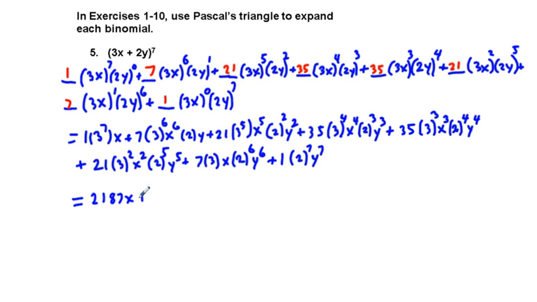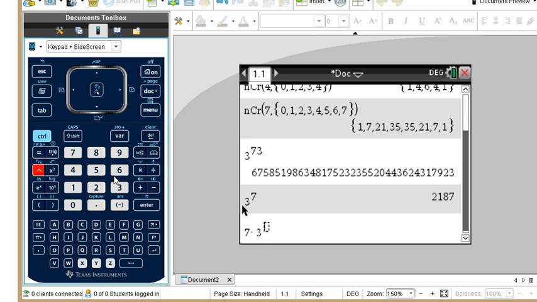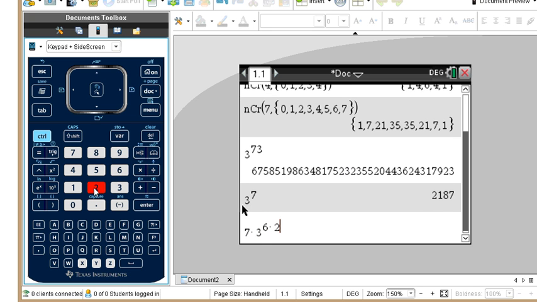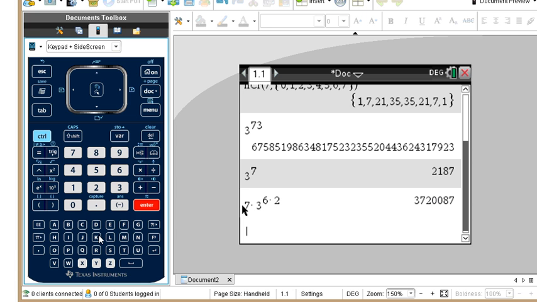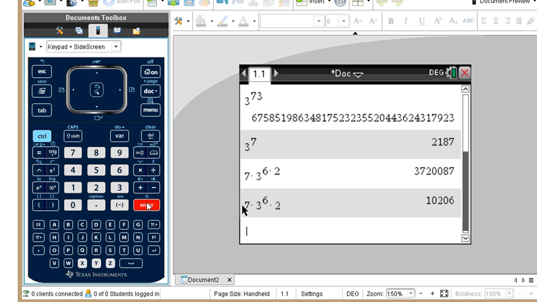Plus, we're going to have 7 times 3 to the 6th power times 2. Okay, 7 times 3 to the 6th power times 2. So we get, okay, 7 times 3 to the power of 6. We had that times 2 in the wrong place, times 2. So we get 10,206.